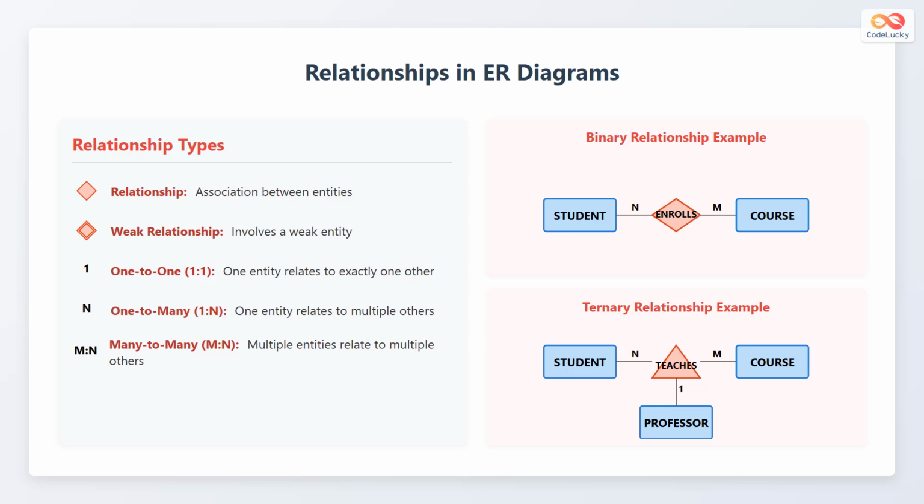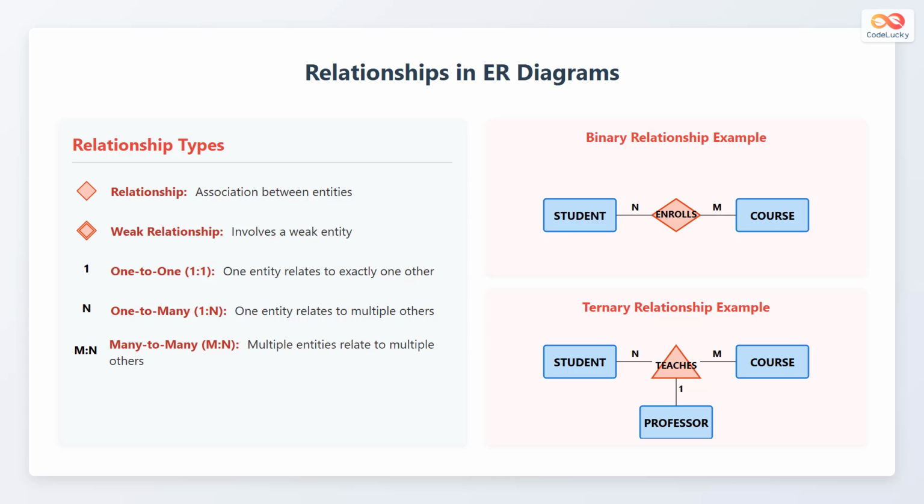Let's examine relationships. Relationships define how entities are related to each other in a database. They represent associations between two or more entities. There are several types of relationships, including a simple relationship involving two entities. A weak relationship involves a weak entity and its related strong entity.